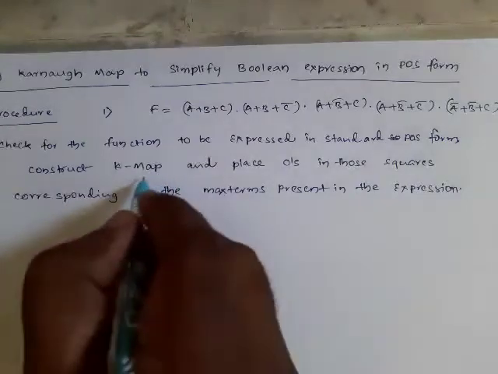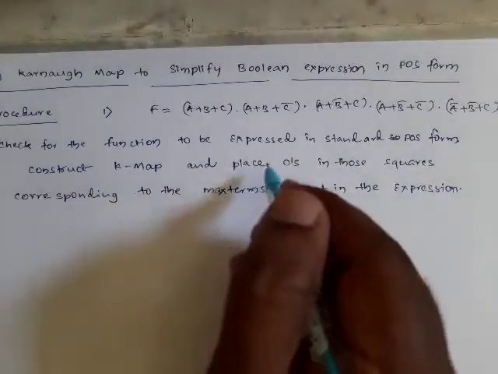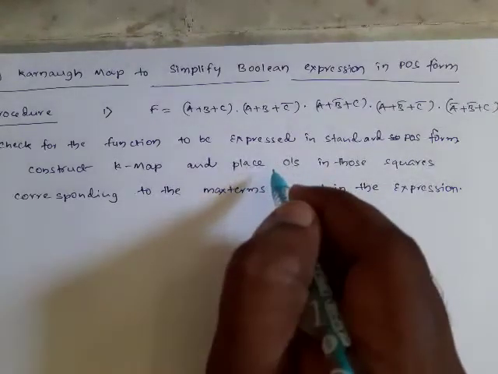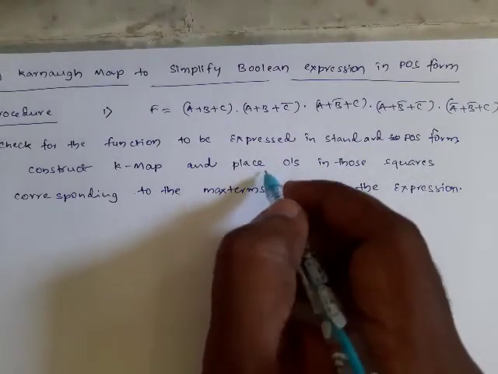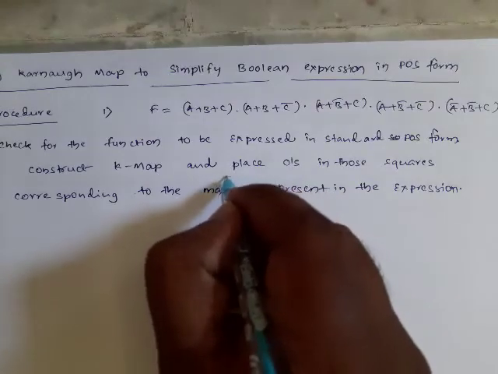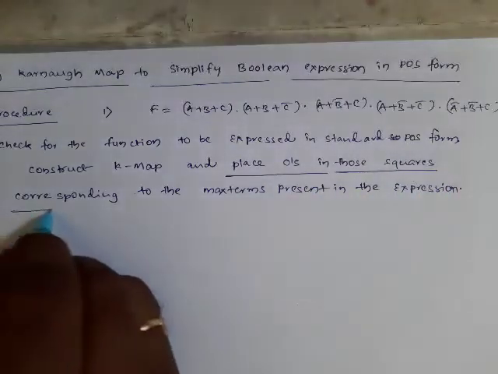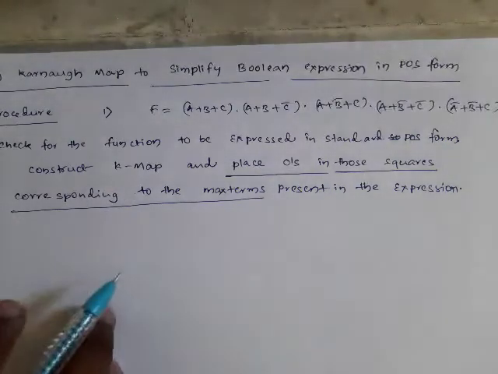So this is the only change. We construct the K-map as usual, but instead of entering ones, we place zeros in those squares corresponding to max terms.